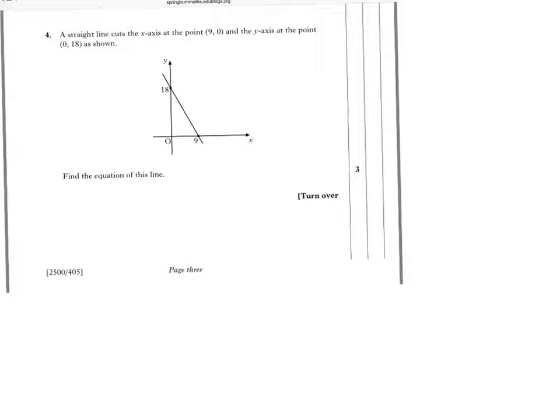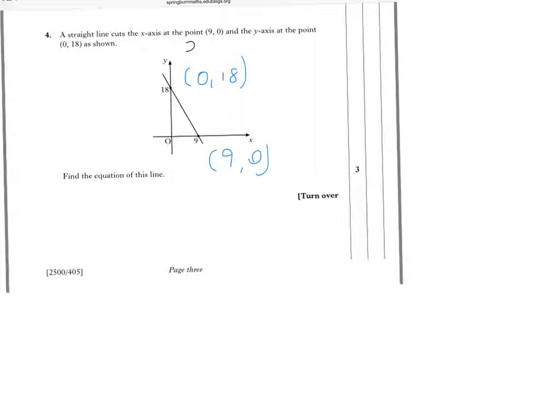Now I'm going to find the gradient of the line by, first of all, identifying the 2 points that lie on the line. So the first point up here is 0 along and 18 up, and that will be (0, 18). Second point down here on the x-axis, 9 along, 0 up, (9, 0).